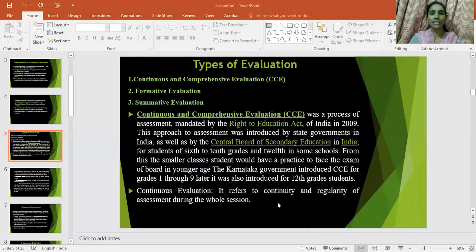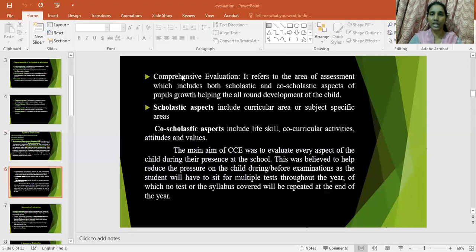And the second point is comprehensive evaluation. It refers to the area of assessment which includes both. Already I have made clear that comprehensive evaluation deals with all the aspects of the learner. Means here it refers to the area of assessment which includes both.